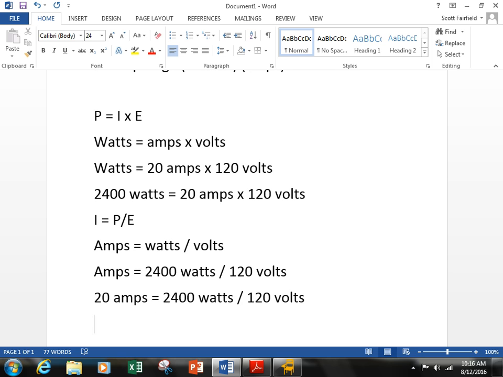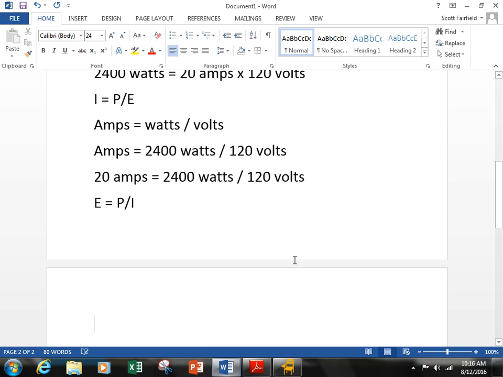Then algebraically, if we want to solve for voltage, we're going to figure out how much voltage is in the wire, given the amperage and power that's happening at that time. So mathematically, we can take power in watts divided by amps. Once again, volts equals watts divided by amps.